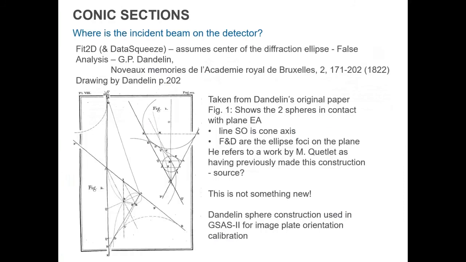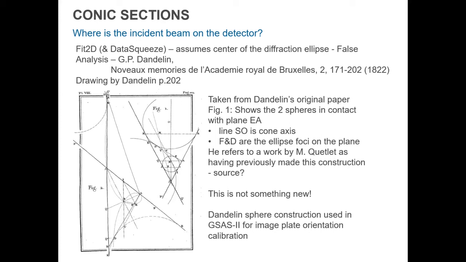As an aside, because GSAS-II is used to process two-dimensional images off of diffractometers, particularly the synchrotron, one of the things that we had to do was to find out how you determine the orientation of the detector with respect to the X-ray beam.